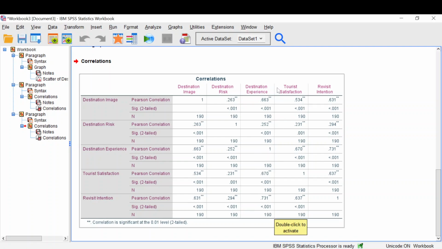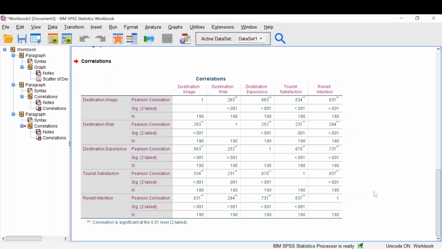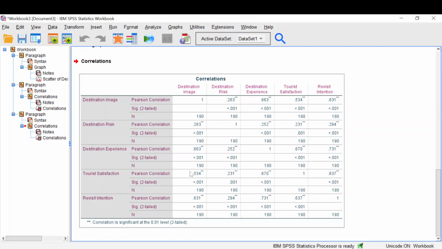This is not to say, and I can't say this enough, that experience impacts revisit intention. We can't do that with a correlation, but we can conclude that the 2 variables are related to one another. We can do that because we have a significance of less than 0.001 and an R value of 0.731.